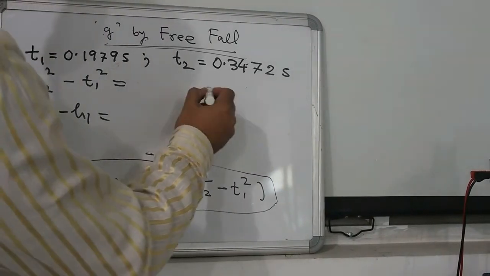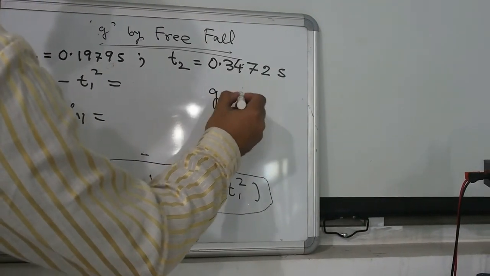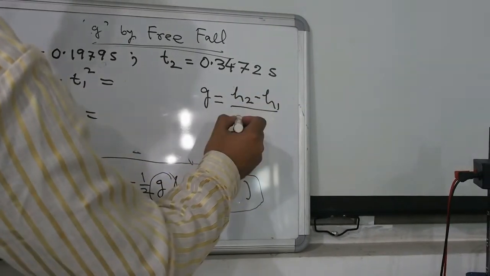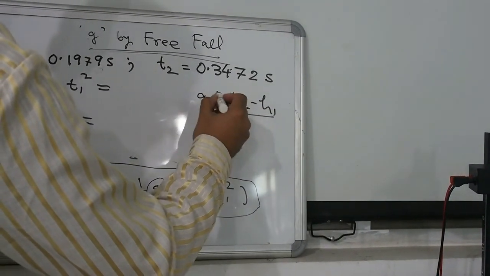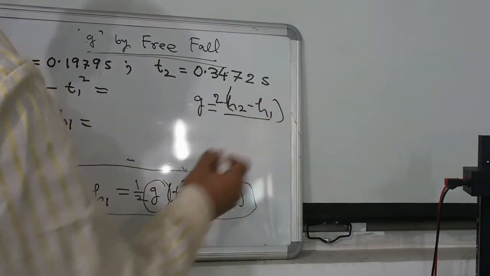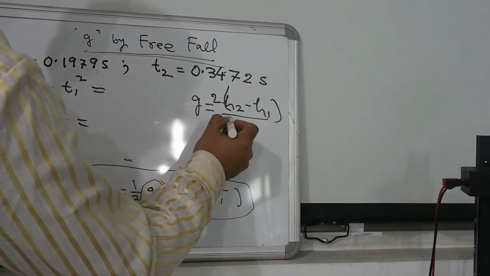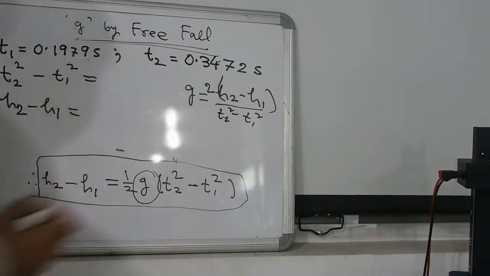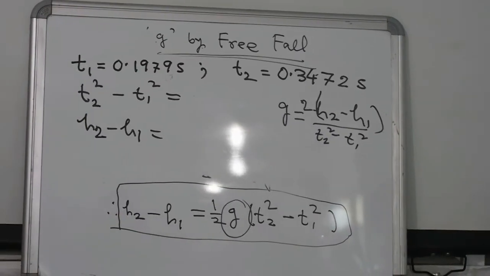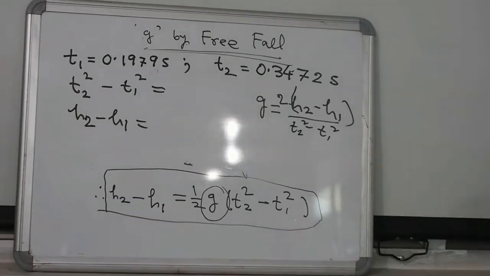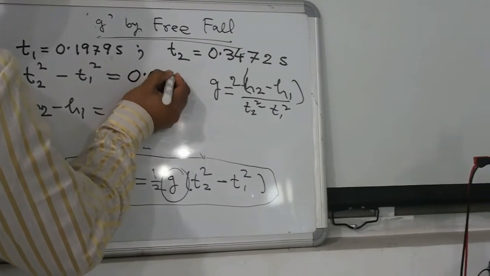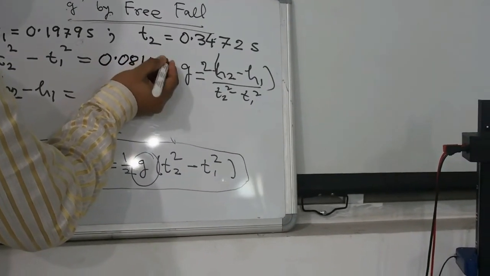Our formula for g will be 2 into (h2 minus h1), divided by (t2 square minus t1 square). t2 square minus t1 square is approximately 0.0814 second square.